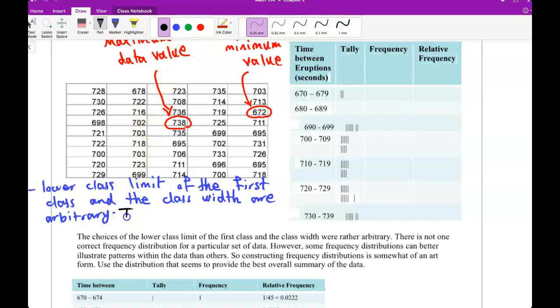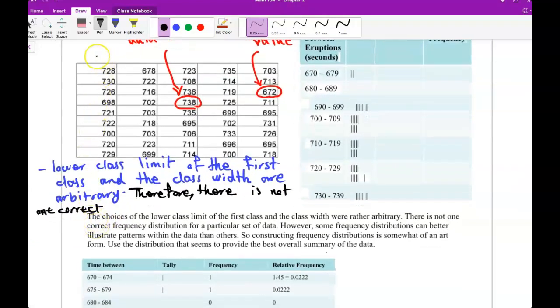What that means is there is not one correct frequency distribution. We may have many.